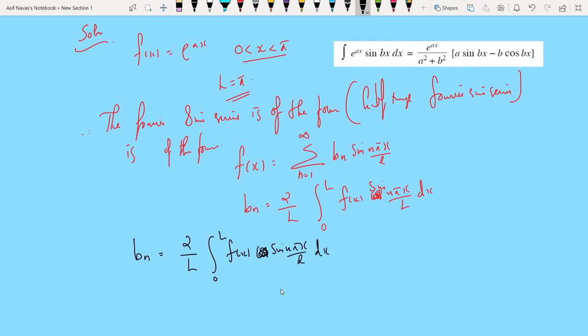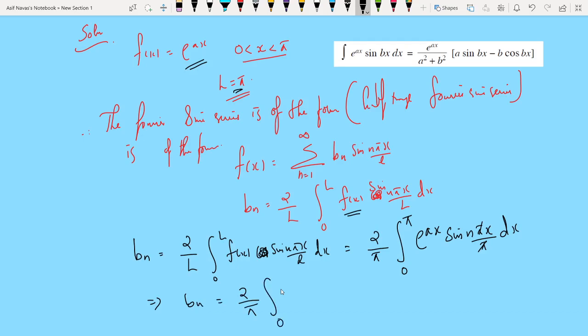This is equal to 2 by pi, since l is pi, integral 0 to pi of f of x, which is e raised to ax, times sin n pi x by l, where l is again pi, dx. So pi and pi get cancelled, which implies bn is equal to 2 by pi integral 0 to pi e raised to ax sin nx dx.